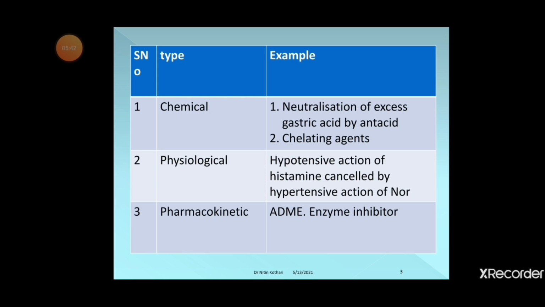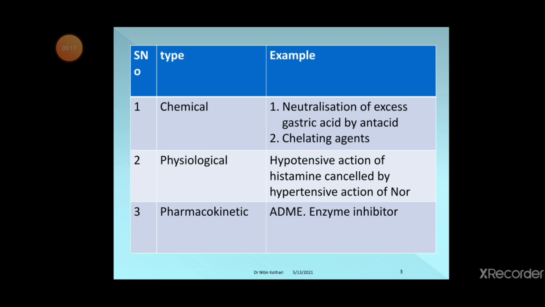So the actions of histamine and noradrenaline are opposite to each other, but they act upon different receptors. Histamine acts upon histamine receptors, as we have discussed in the previous sessions, and noradrenaline acts upon the catecholamine receptors, alpha and beta receptors. So they antagonize the action of each other, but by acting upon different receptors. This is physiological antagonism.